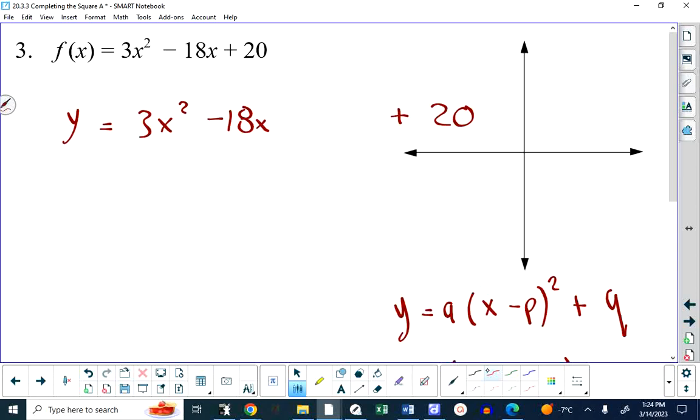We're not going to use the 20 with the x's and the x squareds. And we're going to factor a 3 out. And then we're going to worry about adding something. And I hope you see that that 3 that we factored out is about to become the a in front of the perfect square.